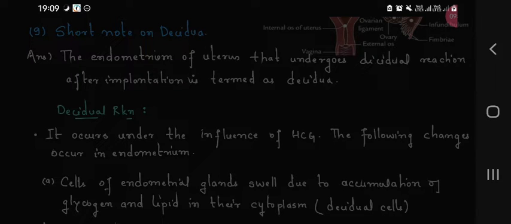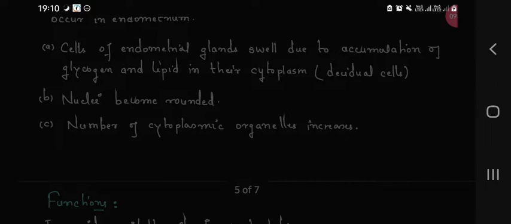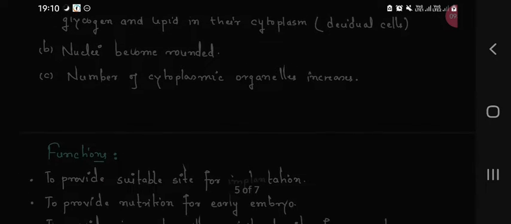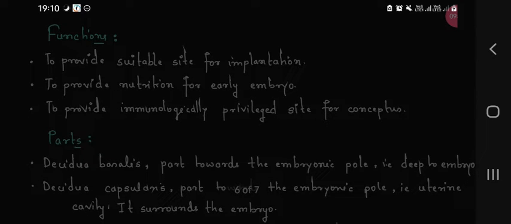Cells of endometrial gland swell due to accumulation of glycogen and lipid in their cytoplasm. Decidual cells: nuclei become rounded. Number of cytoplasmic organelles increases. Function: it provides suitable site for implantation, provides nutrition for early embryo, and provides immunologically privileged site for conceptus.